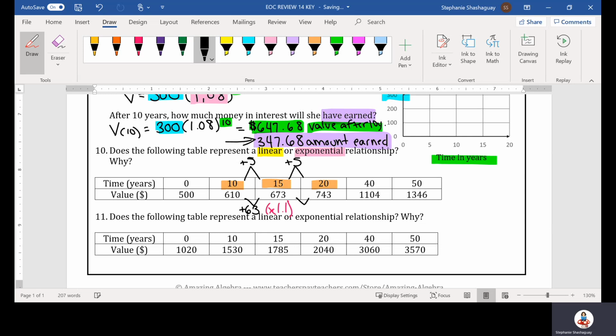From 673 to 743, I add more than 63. Hang on. I did the calculation, but I wrote it down wrong.